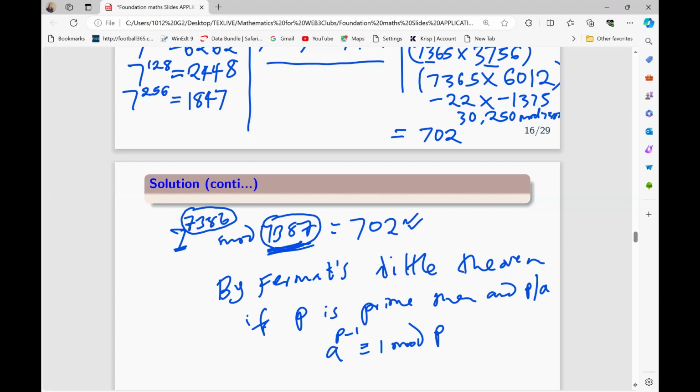If it would have been 1, we would have said that this P is likely to be prime. But in this case, since it's not equal to 1, we confidently say that this number is not a prime number. So that is one way we can test if a number is prime, by using Fermat's little theorem.